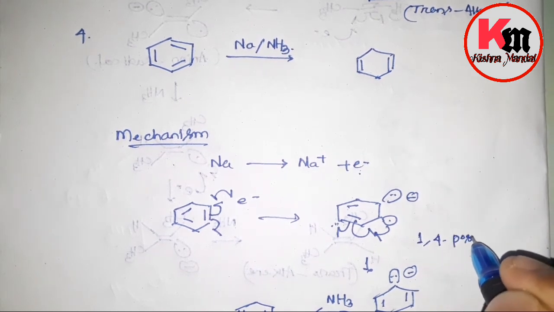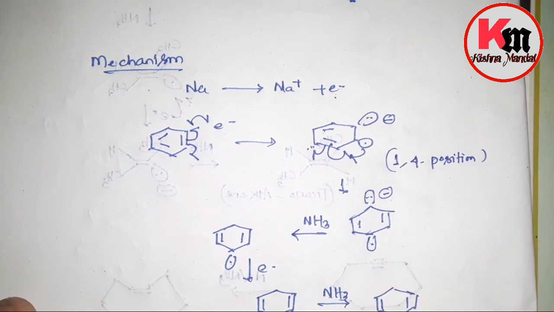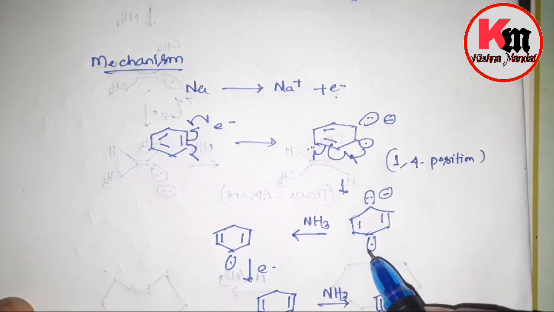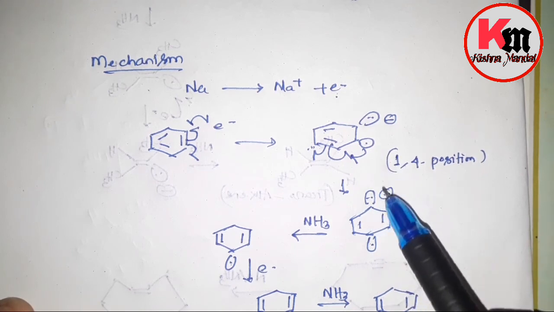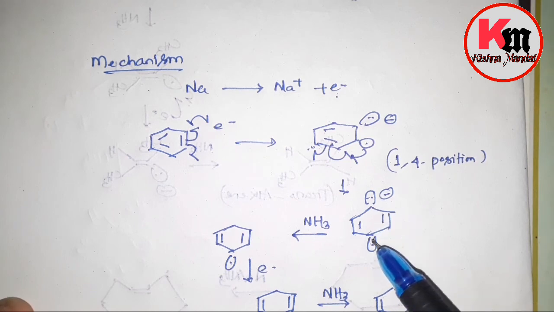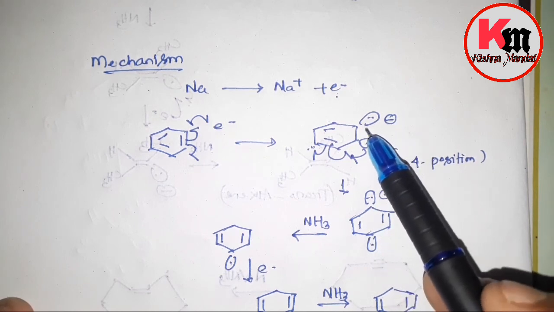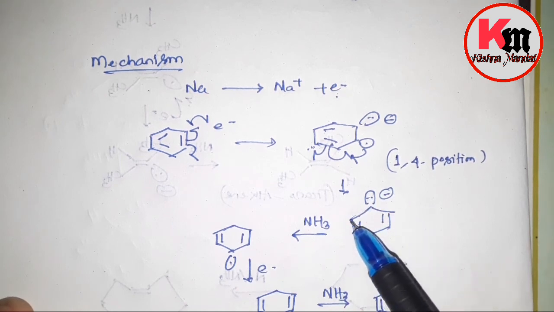Here you can see there is less repulsion between them, and here you can see more repulsion. So that's why they want to exist in this type of form.